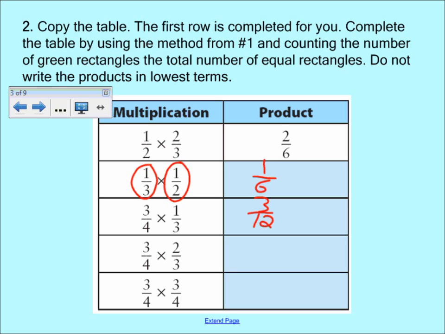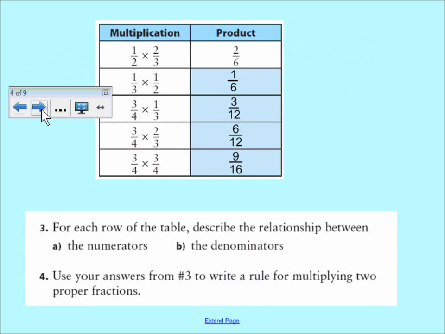We've got 3/4 and then 2/3, so 3/4 yellow and 2/3 blue, and we end up with 6/12 shaded. And then we've got 3/4 and again 3/4, so we're going to flip it on its side and do it again. So 3/4 blue and 3/4 yellow, and we're going to end up with 9/16 shaded green. So there are the answers.